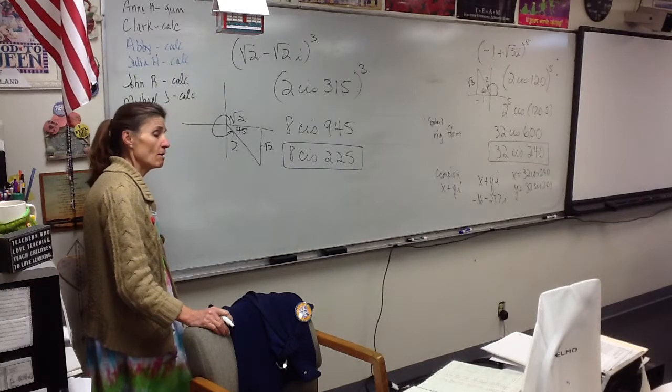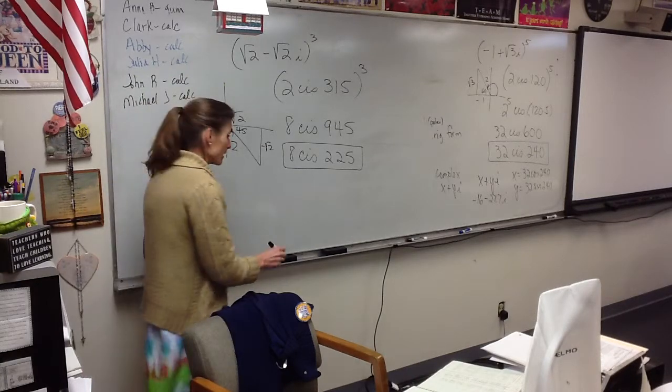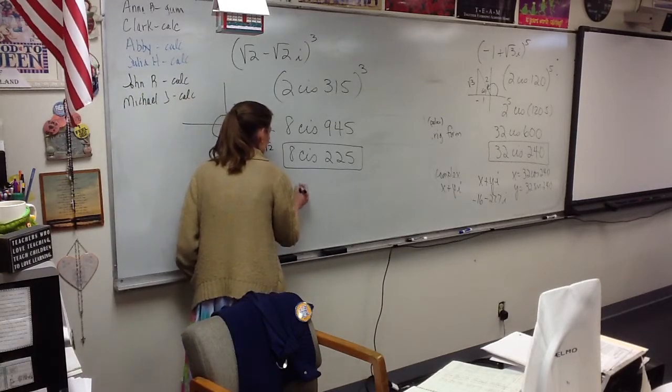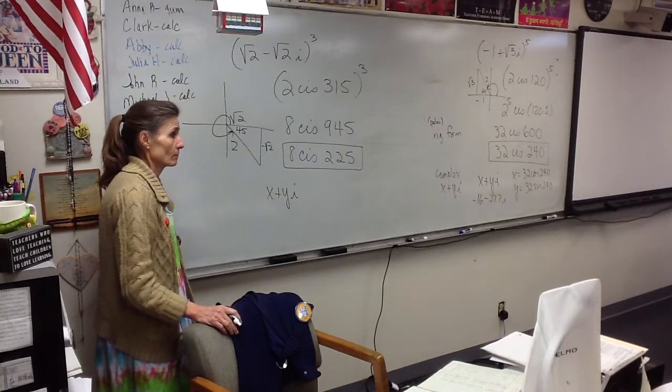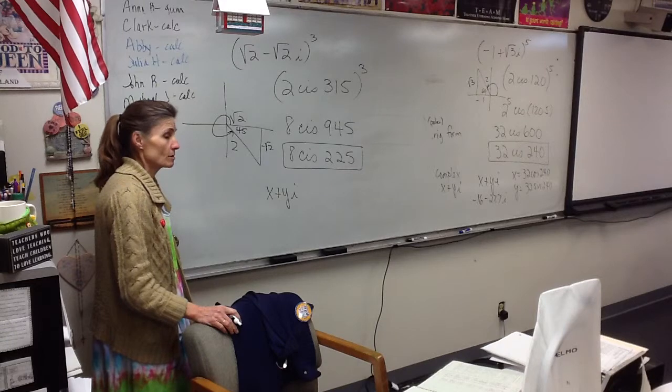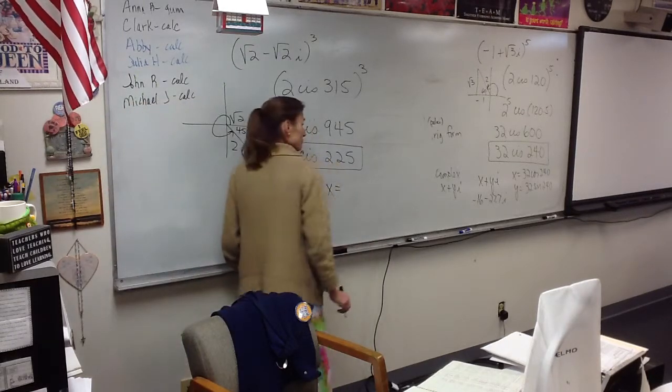Okay, now what do we need to do to finish the problem? Change it back to x plus yi form. So how do we do that? How do we get x? Suzanne, how do we get x?